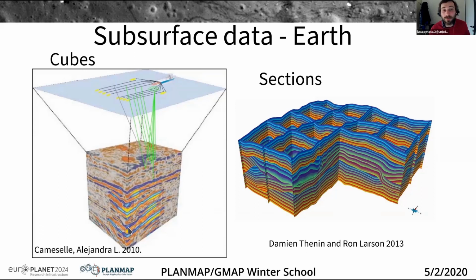And they can use that information to create very detailed 3D geological models of the subsurface. Of course, they can come also in the shape of just sections that you can put together in 3D space.